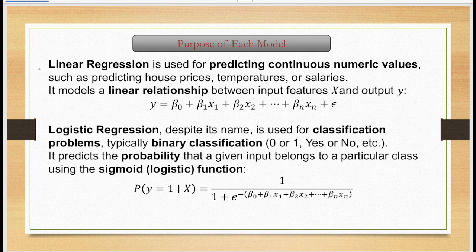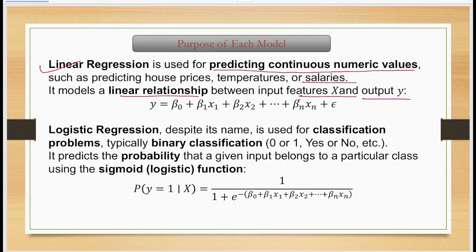In case of linear regression, as we know, it is used for predicting continuous numeric values, such as predicting house prices, temperatures and salaries. It models a linear relationship between the input feature x and output y.